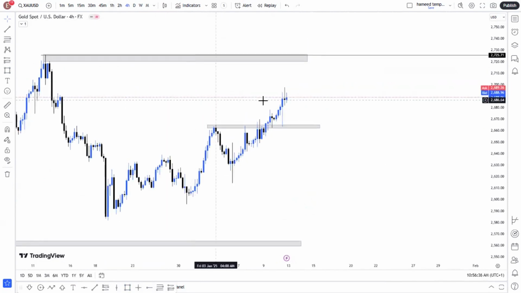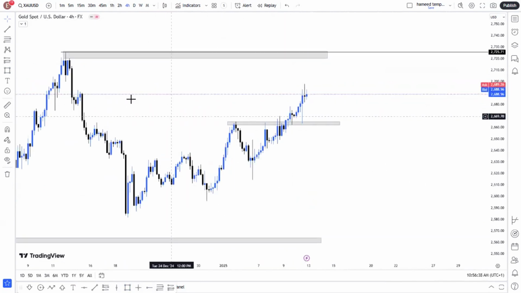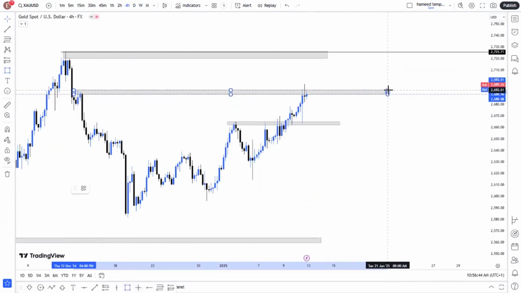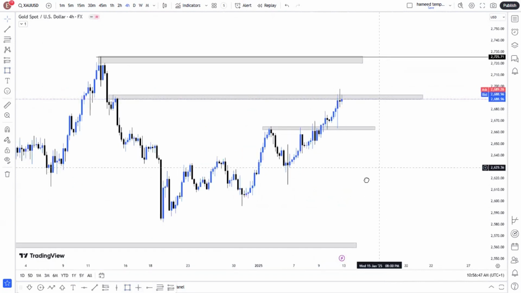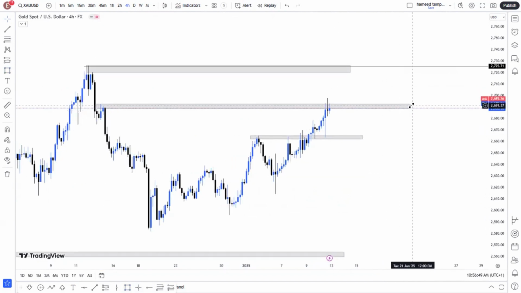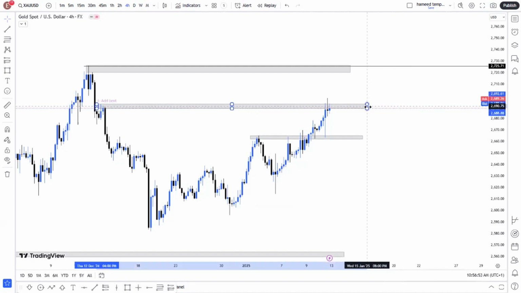So that's it. And I think I have another one here, so that price is currently reacting from. Price is currently reacting from here.